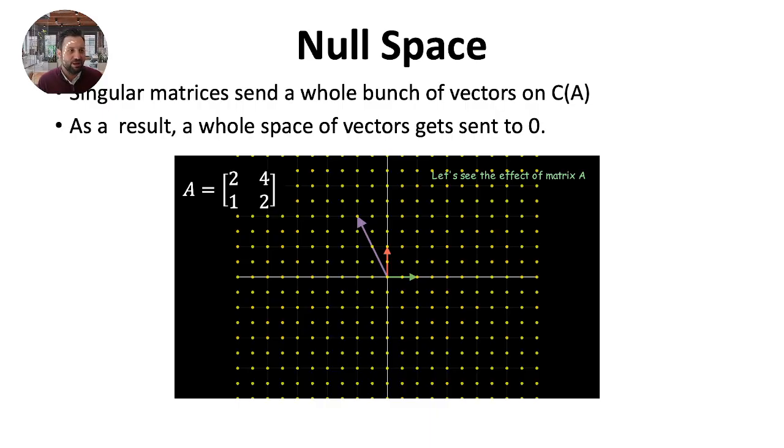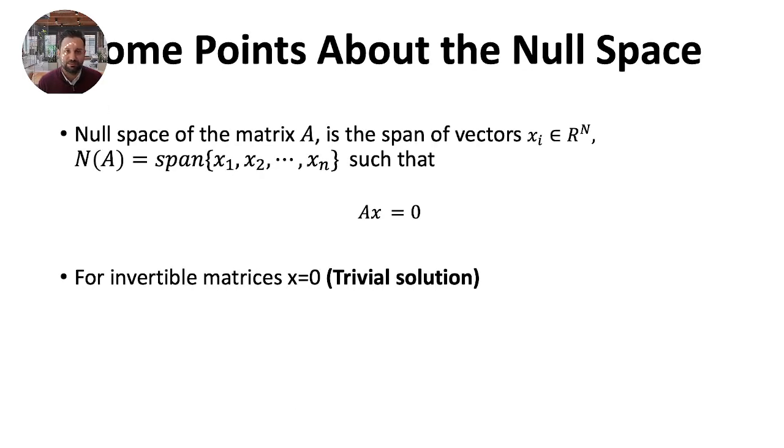The space spanned by the vectors who get projected to zero as a product of this matrix multiplication is called the null space of this matrix.